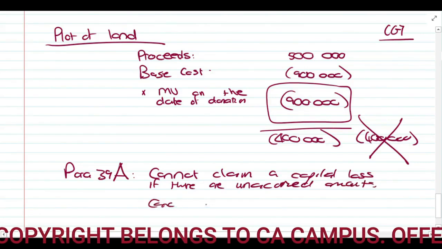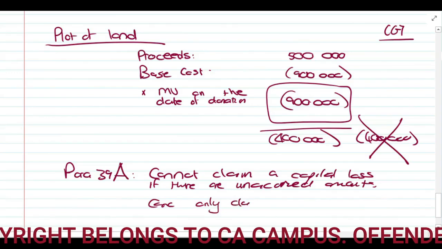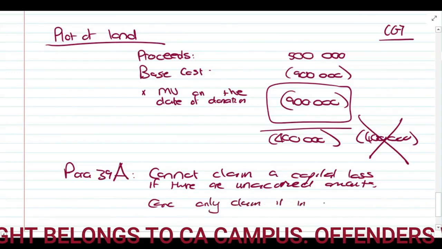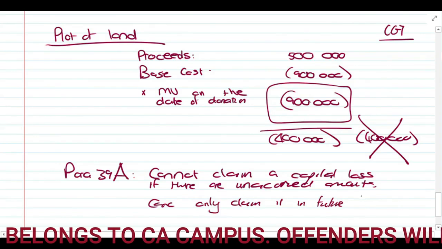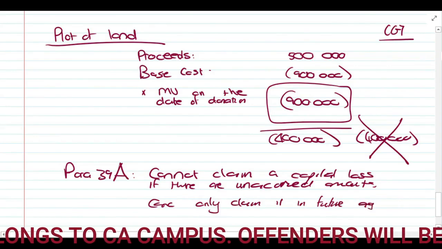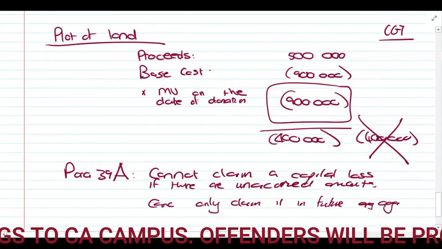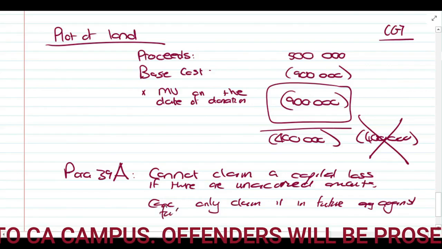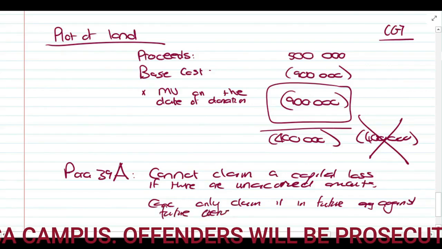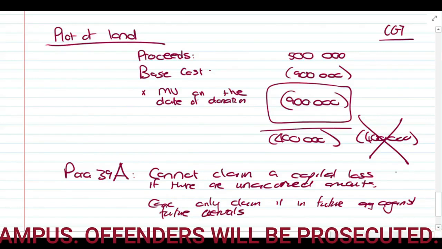You can only claim it in future against the future accruals, or it's not even necessary to write this, I'm just explaining it now.